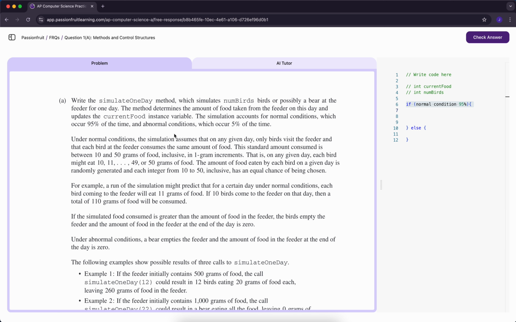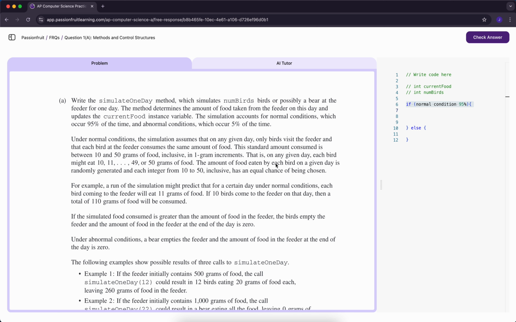So under normal conditions, the simulation assumes that on any given day, only birds visit the feeder and that each bird at the feeder consumes the same amount of food. The standard amount of food consumed is between 10 and 50 grams inclusive.